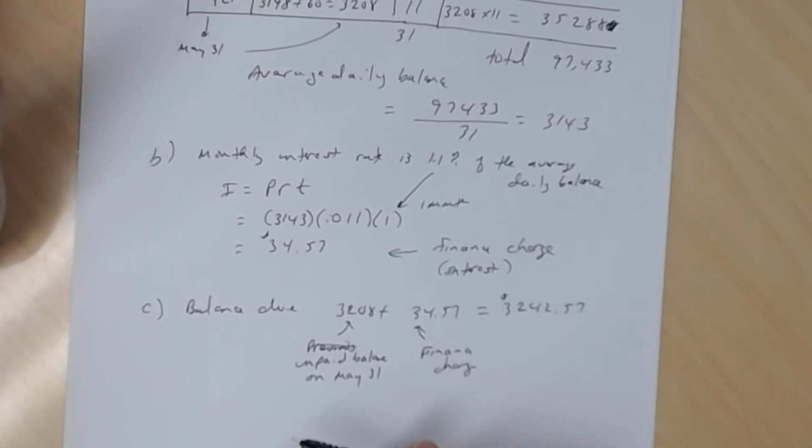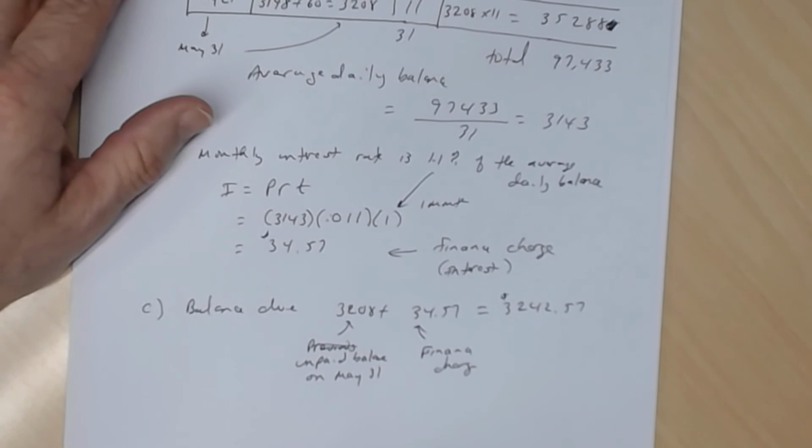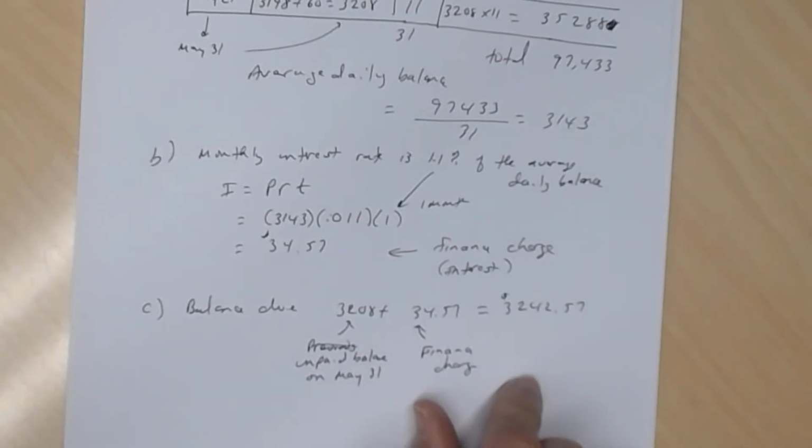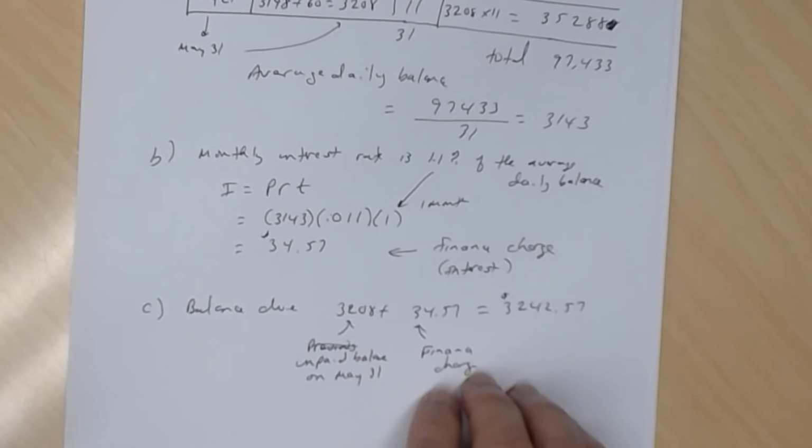If you owe less than $1,000, your minimum payment will probably be a fixed dollar amount, sometimes $25, $30, whatever it may be, but it can vary by card. Every card has a fixed rate for minimum payments.